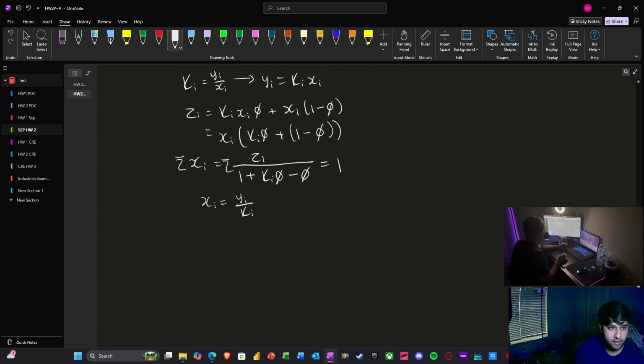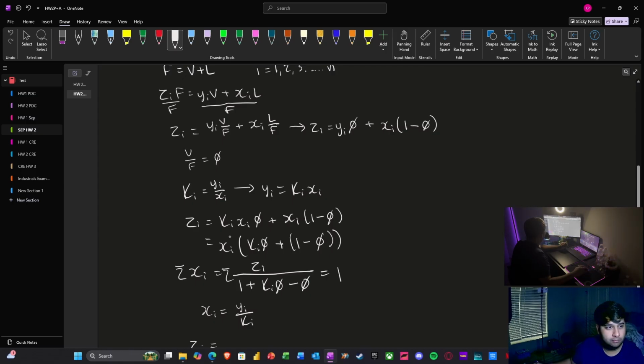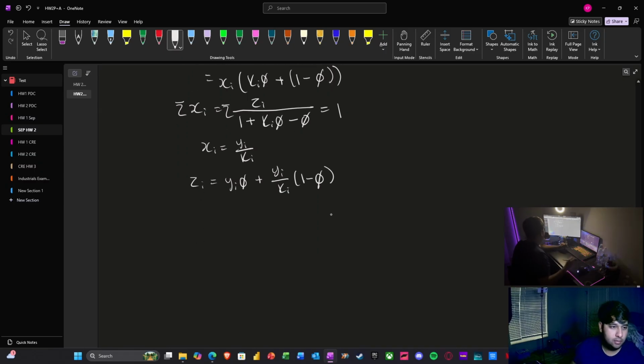So we're just going to do basically the same thing, where we take our z_i equals y_i phi plus y_i over K_i times 1 minus phi. And then we're going to just go ahead and put this K_i to the left side and multiply that over for both sides.